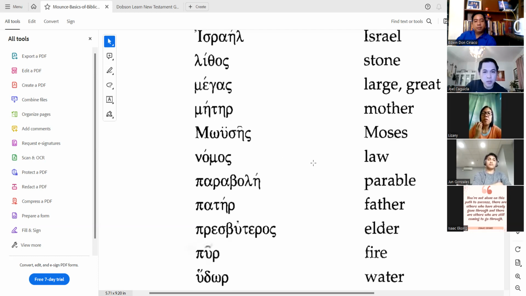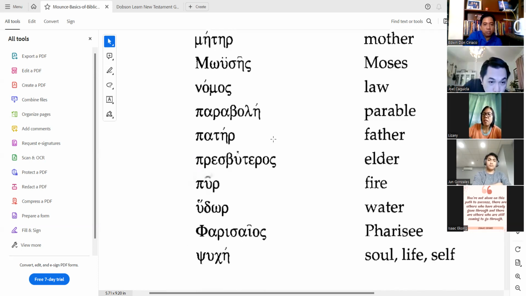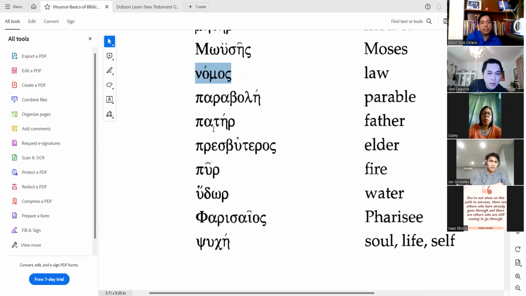And then this is Moses. And then the law is nomos. The law is nomos. Parable is parabole. Parable is parabole. And then father is pater. Father is pater.